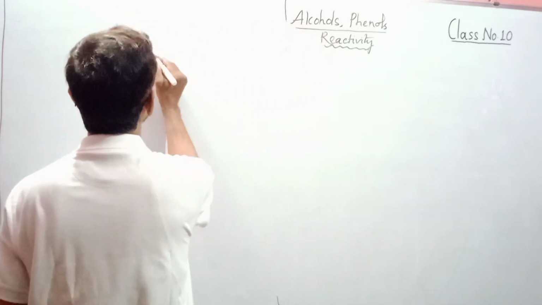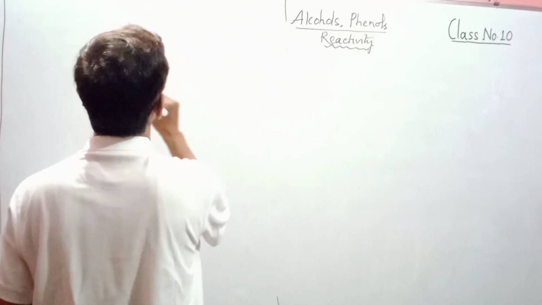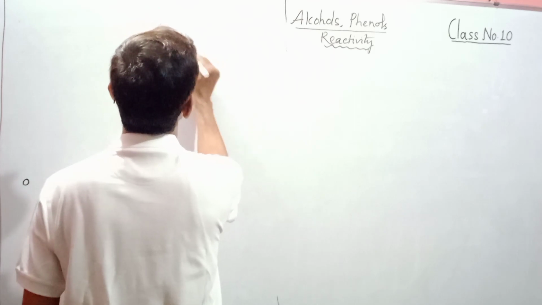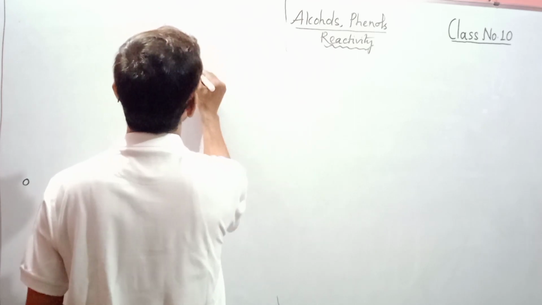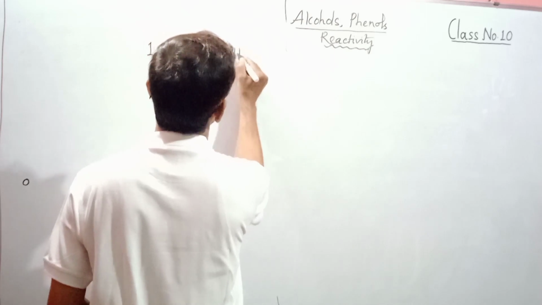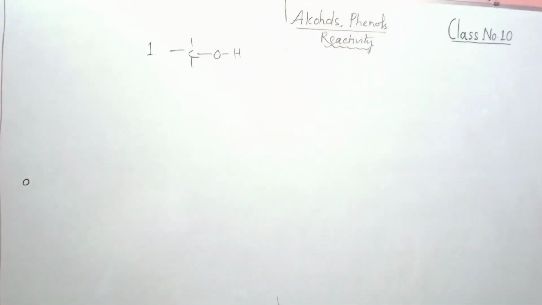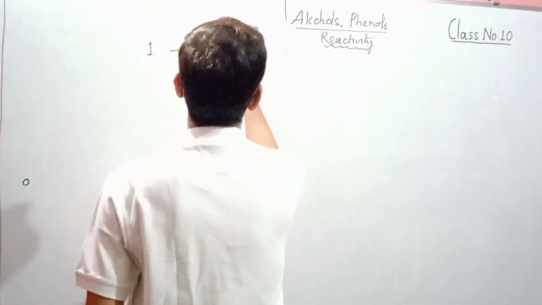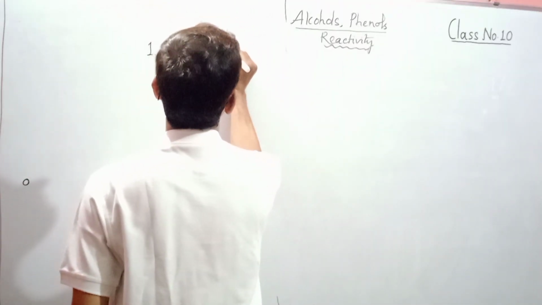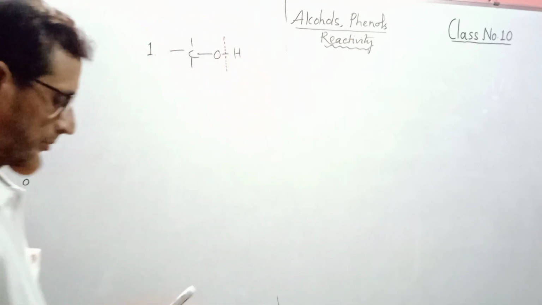First of all, type 1. Reaction of alcohol where there is breaking of the O-H bond.